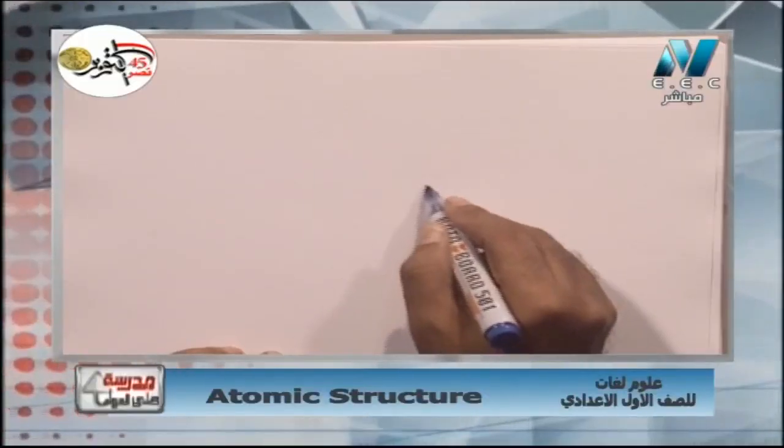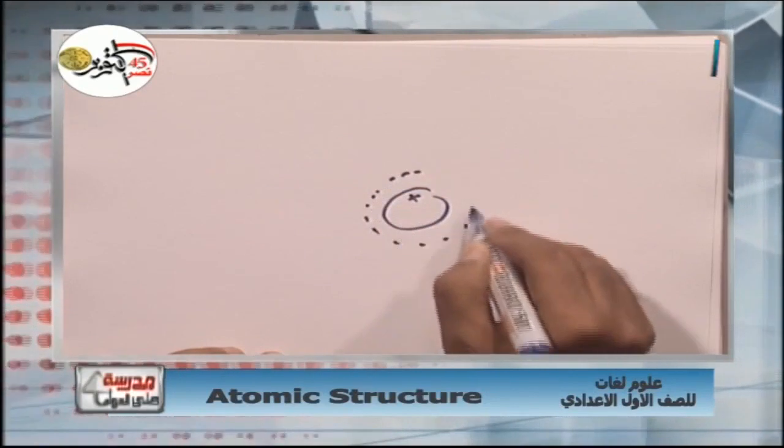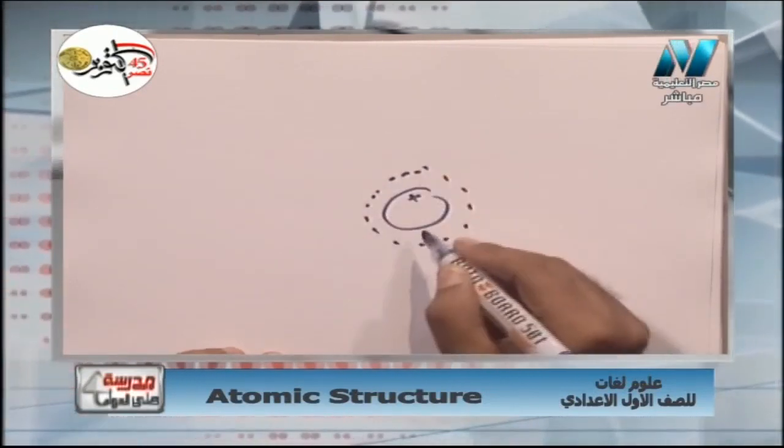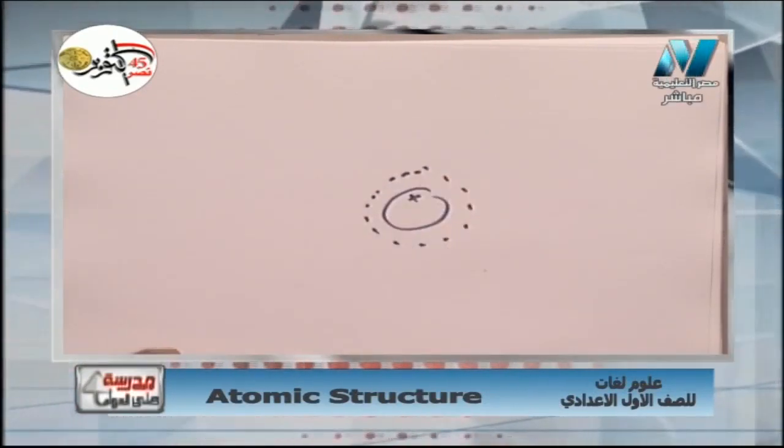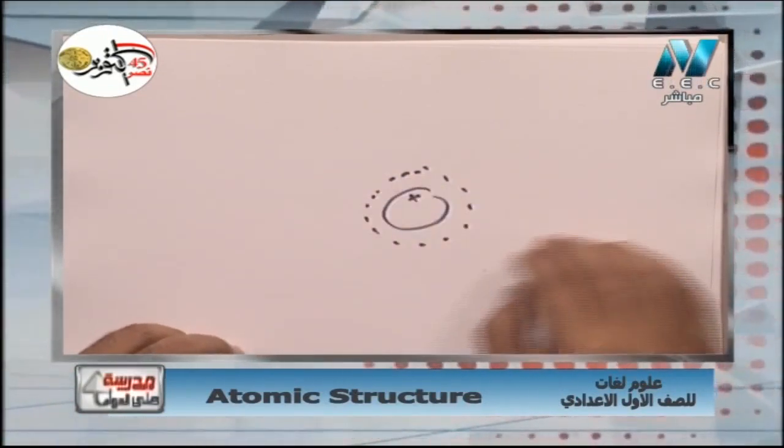The number of energy levels. But these energy levels are imaginary places because they represent the path of electrons around the nucleus. The electron moves with high speed, so you imagine that there are just some circles, imaginary places.